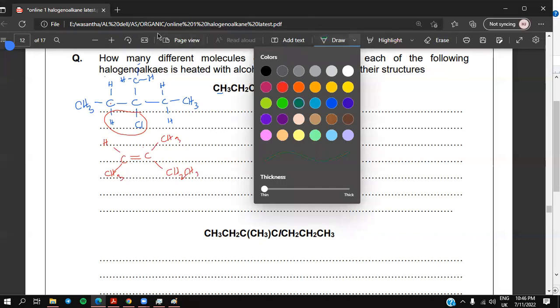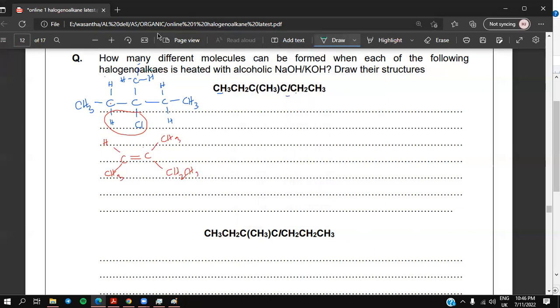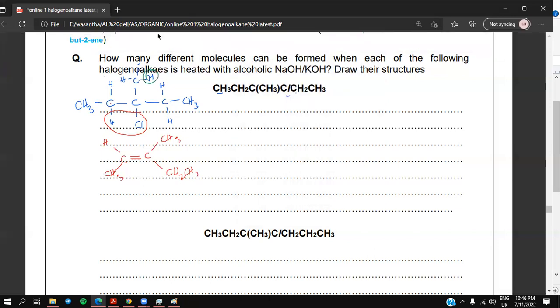If this chlorine goes out with the hydrogen up there, hydrogen and chlorine, then what will happen?